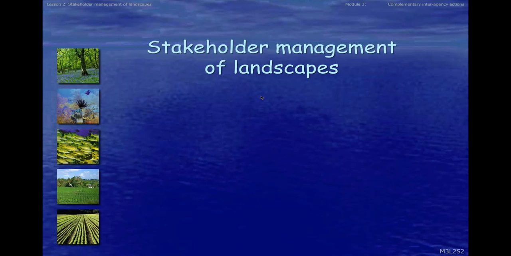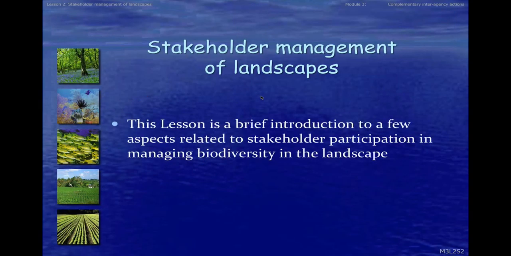This lesson is a brief introduction to a few aspects related to stakeholder participation in managing biodiversity in the landscape.